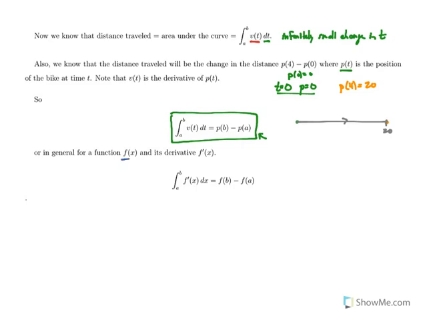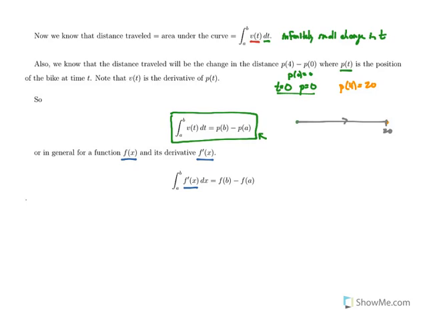So in general, for a function f of x and its derivative f prime, if we find the integral from a to b of f prime, then we use f to plug in our bounds, and we get the total change in position, or the total change in the function.